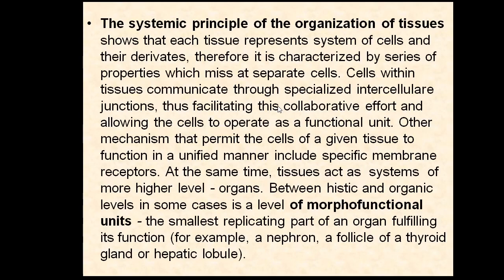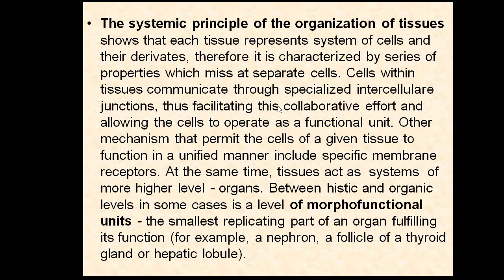Also, there may be post-cellular structures like cells which lost their nucleus or most of organelles during the differentiation. And the good examples of such post-cellular structures are erythrocytes, platelets, which I already told today, and, for example, horny cells on the upper layer of the stratified squamous keratinized epithelium.